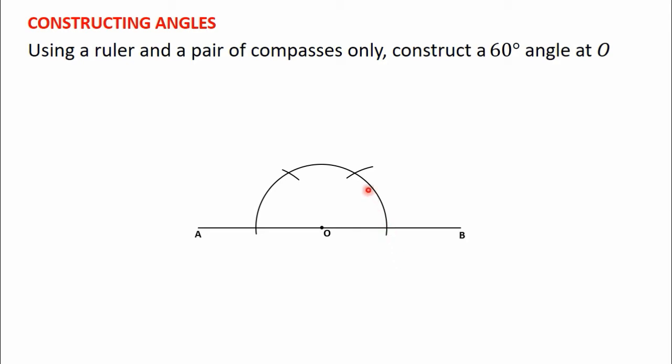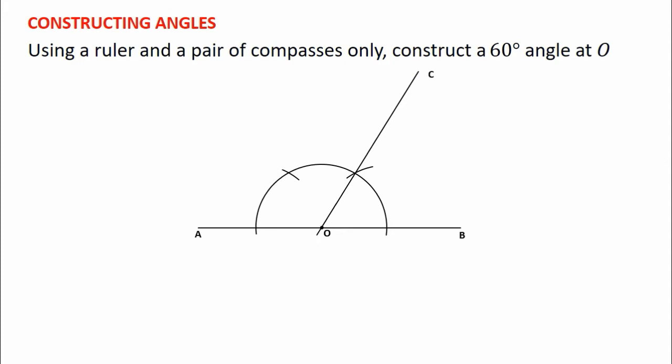From this point to this point is 60 degrees. From this point to this point is 60 degrees. And from this point to this point here is 60 degrees. So if you want our 60 degrees angle at O, all we need to do is to join this point to this point with a straight line. So you take your ruler and your pencil and you draw a straight line to join these 2 points, just as I'm doing here.